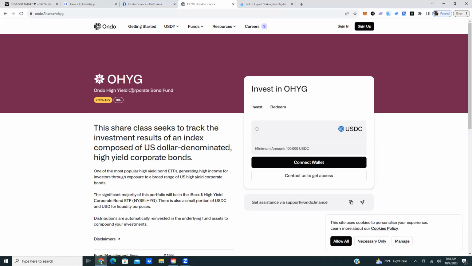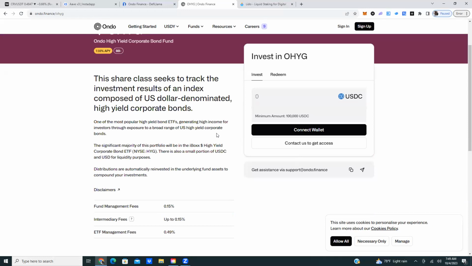Let's see what's on the high yield income. The Ondo High Yield Corporate Bond Fund. This share class seeks to track the investment result of an index composed of US dollar denominated high yield corporate bonds. One of the most popular high yield bond ETFs, generating high income for investors through exposure to a broad range of US high yield corporate bonds.